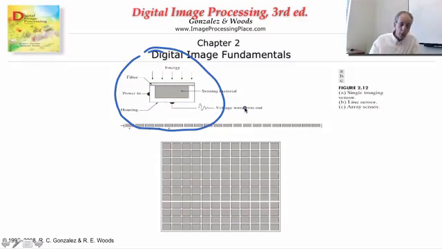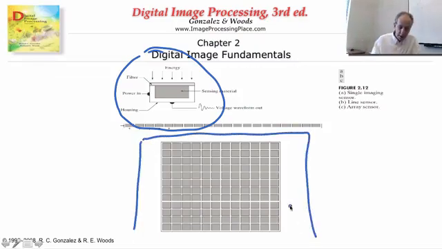Normally, on a regular camera, we're going to have a two-dimensional array of these sensors. Each one of these is going to be one of these. Normally they are arranged in a square or rectangular fashion, as we see here. So we have a discrete number of sensors, and when we go and buy digital cameras, we hear that a camera is about 1000 by 1000.